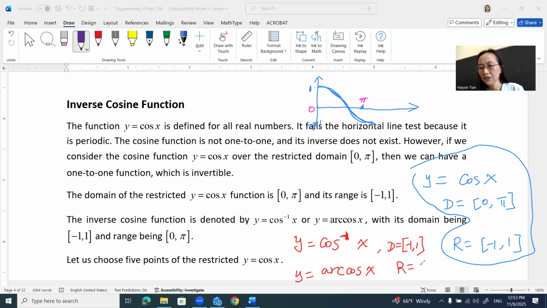The range of the inverse function is from 0 to pi, which is the domain of the cosine.